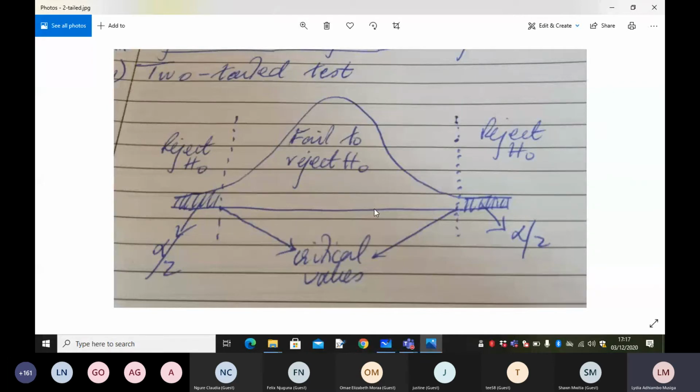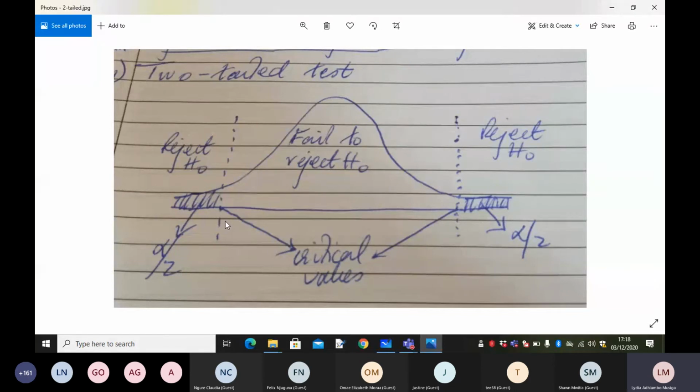And the critical value itself, for example, suppose one of the critical values was 1.64 and another critical value was minus 1.64, those critical values themselves are also part of the rejection region. It is important to note that. The critical value separates the rejection from the non-rejection regions, and also they form part of the rejection region.